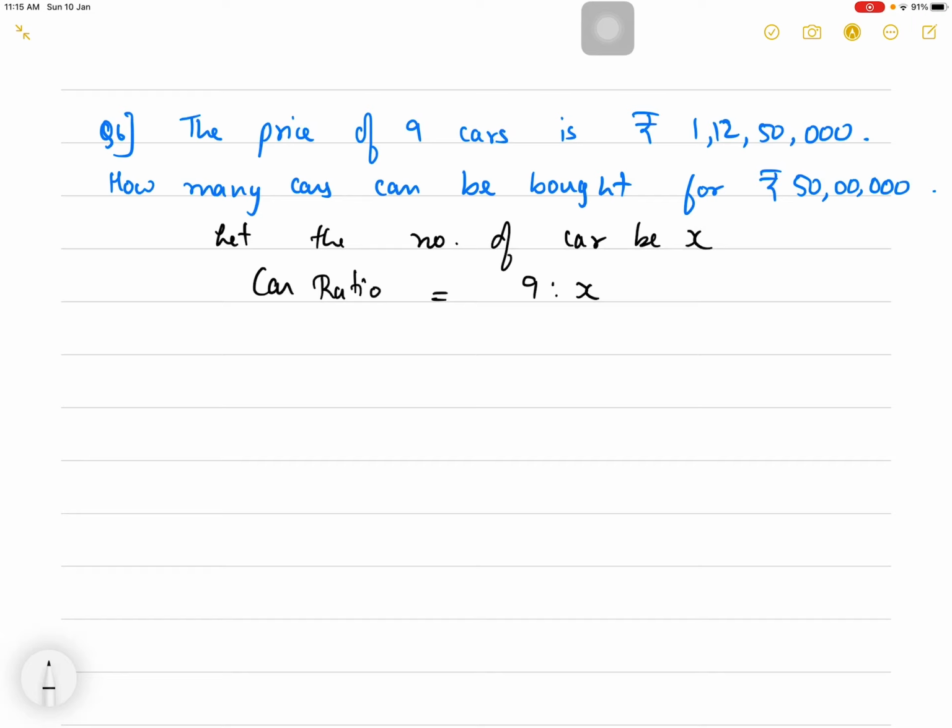And cost ratio for 9 cars is 1,12,50,000 is to 50 lakhs.